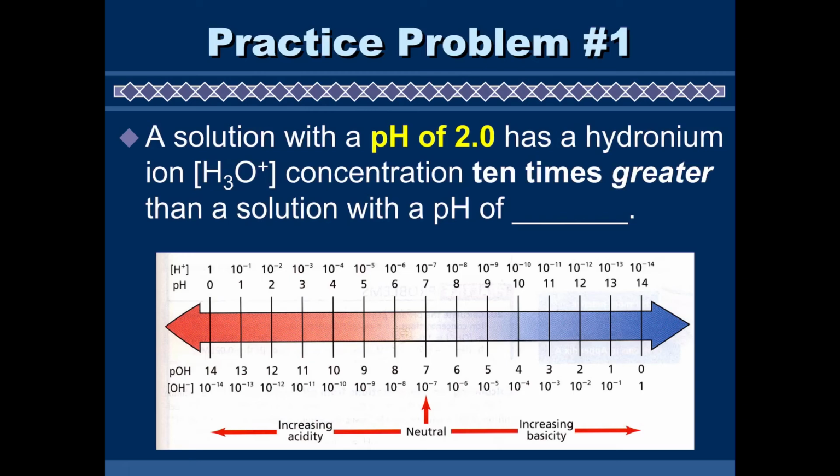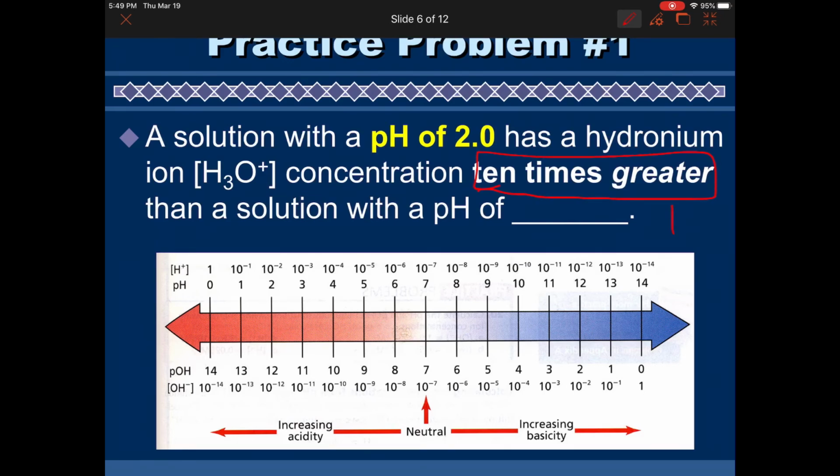So let's see here. We have a solution with a pH of 2 that has a hydronium ion concentration 10 times greater than a solution with a pH of blank. Well, if we are 10 times greater, that's 1 factor of 10, which means we're either going to go down to a pH of 1, or up to a pH of 3. But how do we know which way we're going?